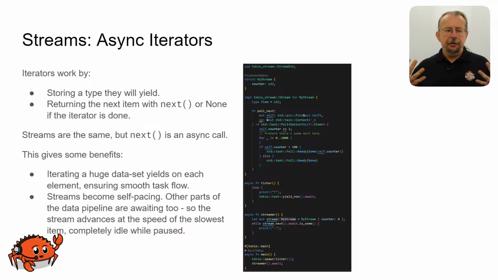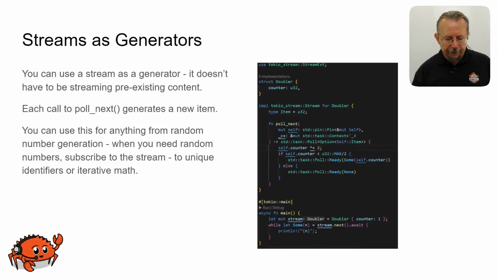So you've kept the joy of Rust iterators, and you've retained the fluency and nice flow and continuation of Rust async. Streams are also really handy if you need to generate data and treat them as a generator. The actual generator syntax has been in nightly Rust development for quite a while. It's not ready yet. I hope it is eventually.